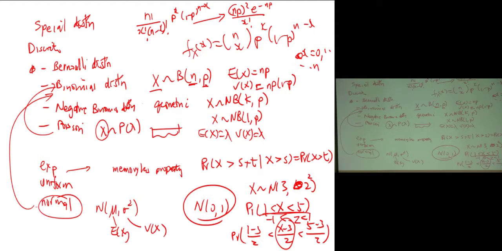Then the approximation is good. And of course, there's this continuity correction. Sometimes when you approximate a discrete distribution by a continuous one, you want to make a correction so that the approximation is slightly better. So you have to worry about the continuity correction.